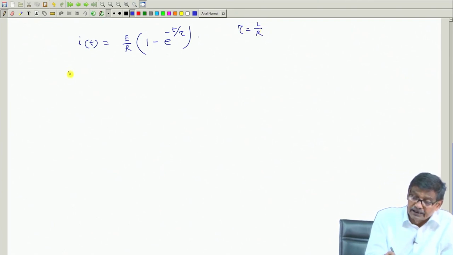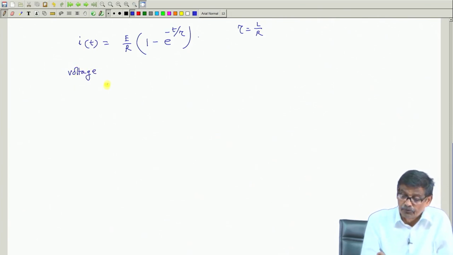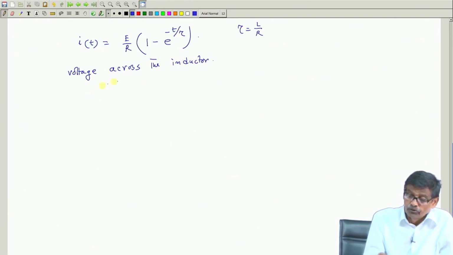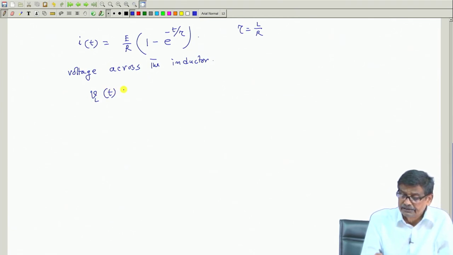Then how does the voltage across the inductor change with time? How to find it out? I can easily say VL(t) is nothing but L di/dt.